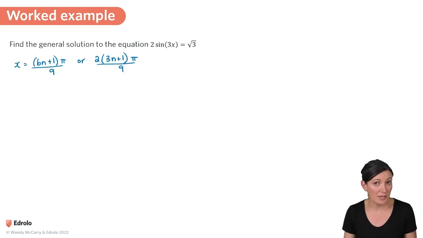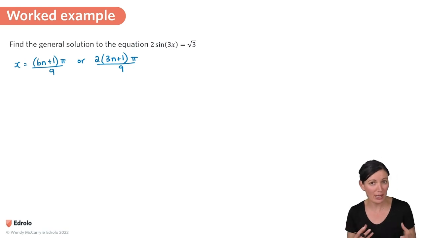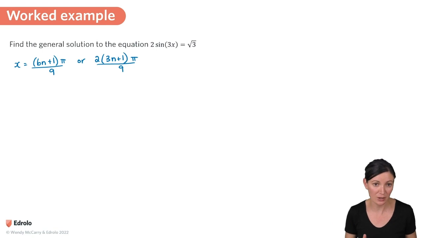Now, this actually looks a little bit different to what we get if we use the equations that we were given without a calculator. So sometimes you might have to do a little bit of algebraic manipulation. And so I'll show you what something like that might look like, or we'll compare it to how you would get this answer if you weren't using a calculator.